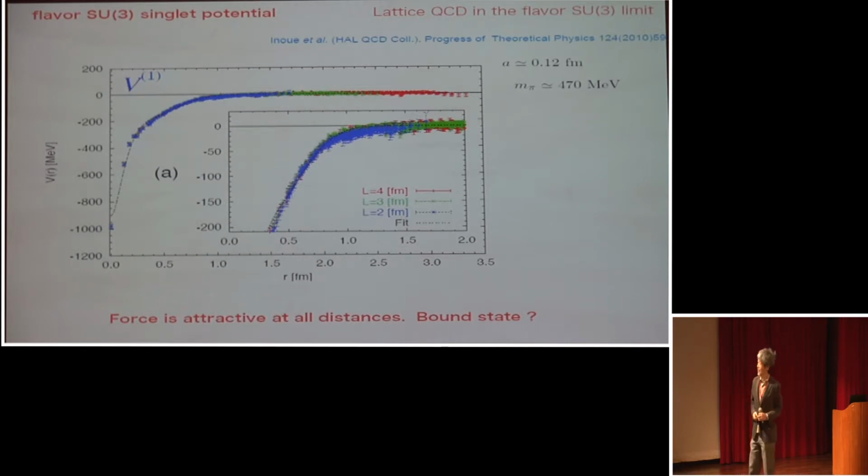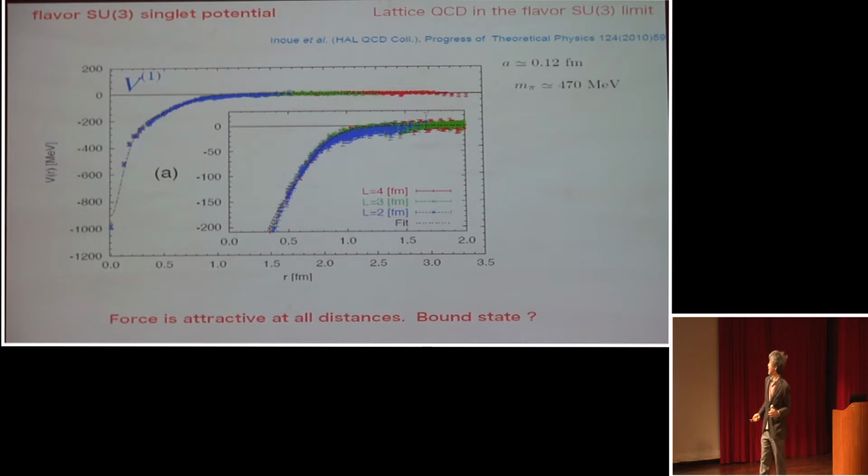And H dibaryon corresponds to the flavor singlet part of the potential. This is the flavor singlet potential, and as you can see, again, there is no repulsive core or repulsion at short distance, and the force is attractive at all distances, which suggests the existence of a bound state. We also check volume dependence from 2 to 4 femtometers.